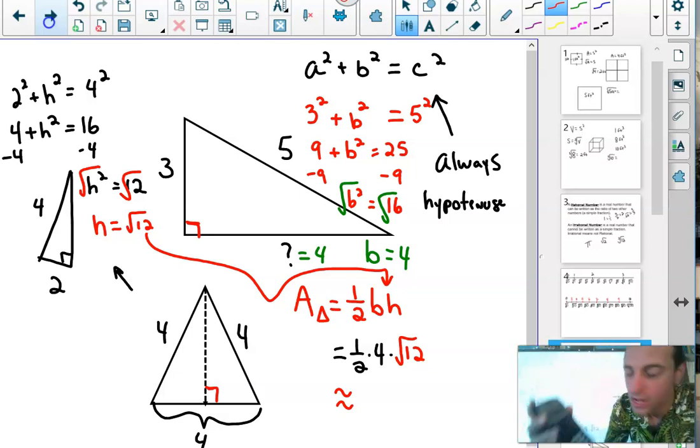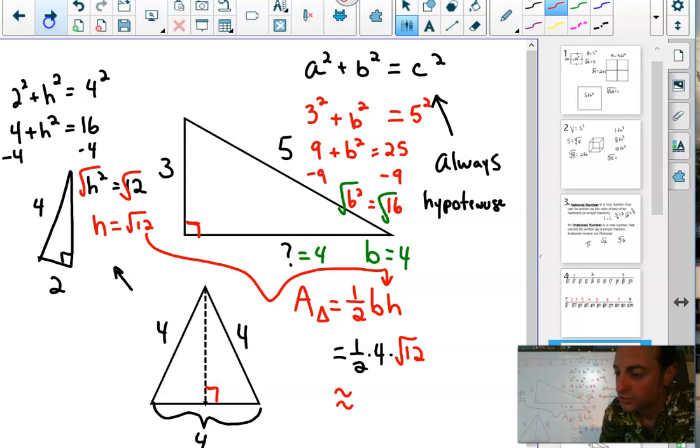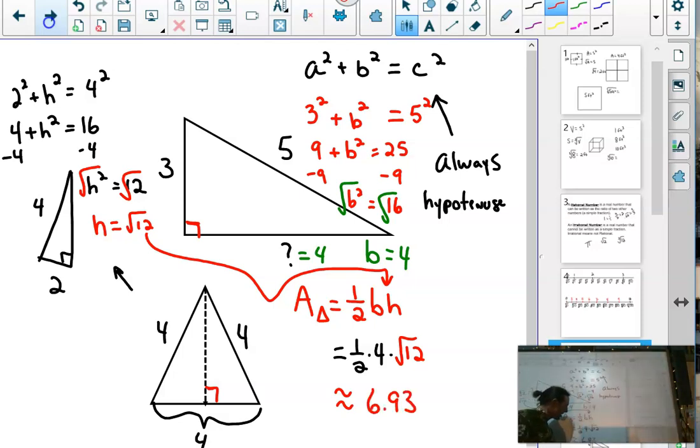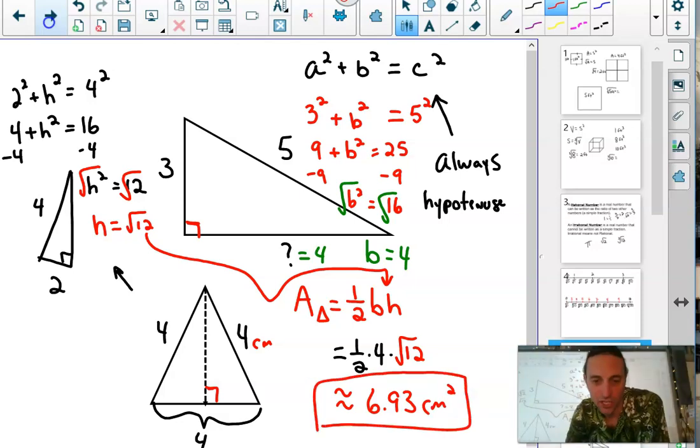And I hit enter, and I get 6.928. So I'm going to call that 6.93. I don't have units here, so we're going to go centimeters squared. So that is an application of using an irrational number in a real length.